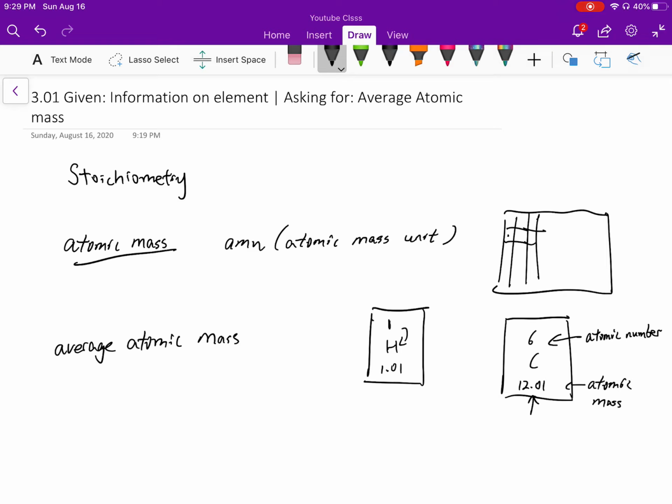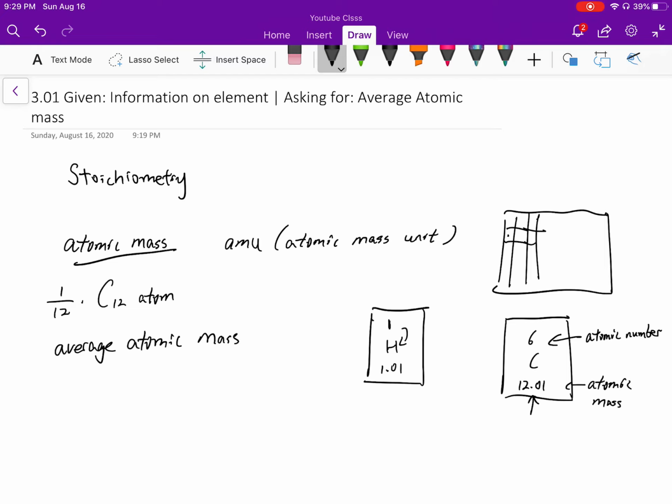The AMU, the atomic mass unit, equals exactly 1/12 of the mass of one carbon-12 atom. This is the definition of it.